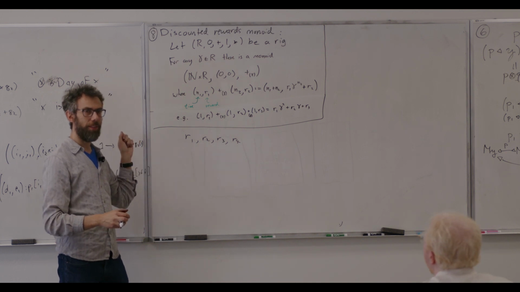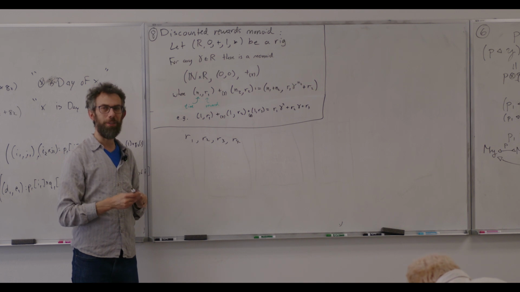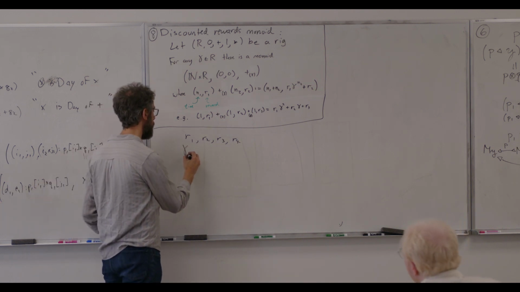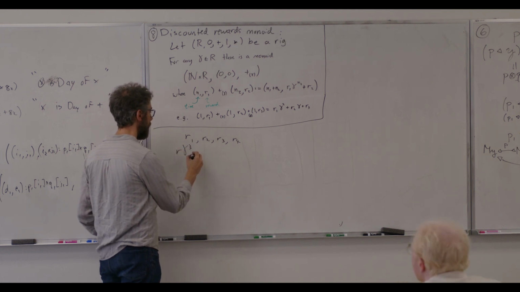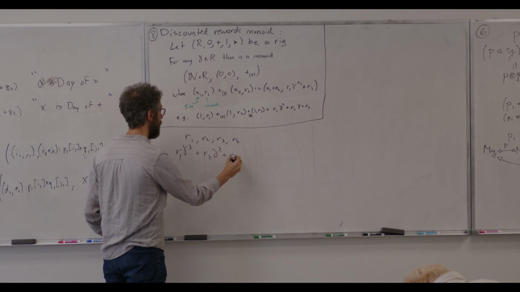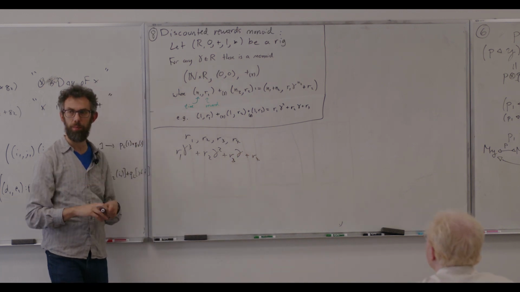I want to discount old rewards, because rewards you got in the past are worth less to you than current rewards. So they'll use some discount factor, gamma cubed for R1, gamma squared for R2, and gamma for R3.